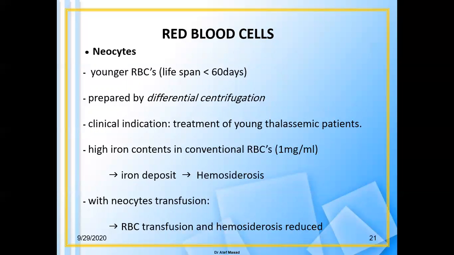So those patients use blood transfusion very frequently, which is related to the type of anemia that they have. Many blood transfusions mean there is a lot of iron in their blood, and this iron can be deposited in blood cells and tissues and causes a situation called hemosiderosis.